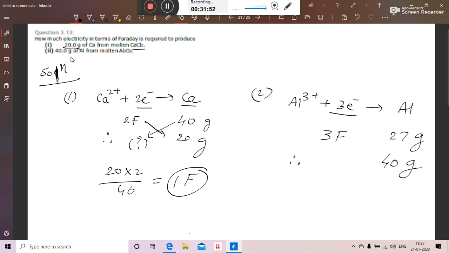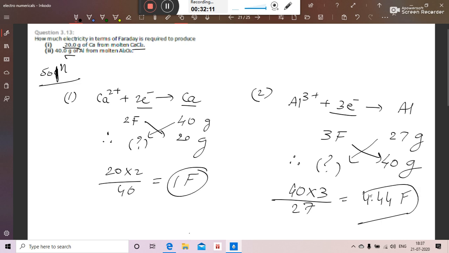So the amount of electricity is 40 into 3 upon 27. So that will come out as 4.44 Faraday. So this amount of electricity in Faraday is required.